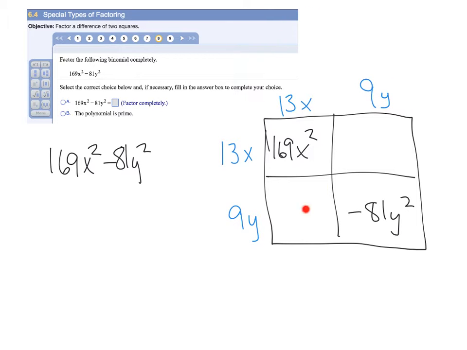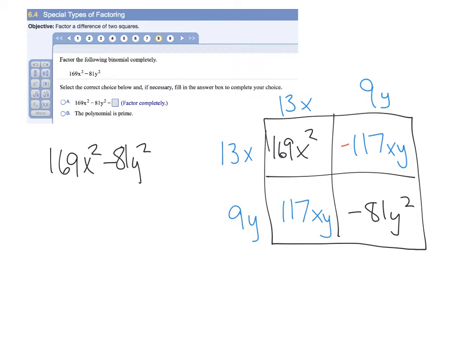So when we fill in our internal terms, that's going to be 117xy and 117xy. But we need these two terms to cancel each other out.